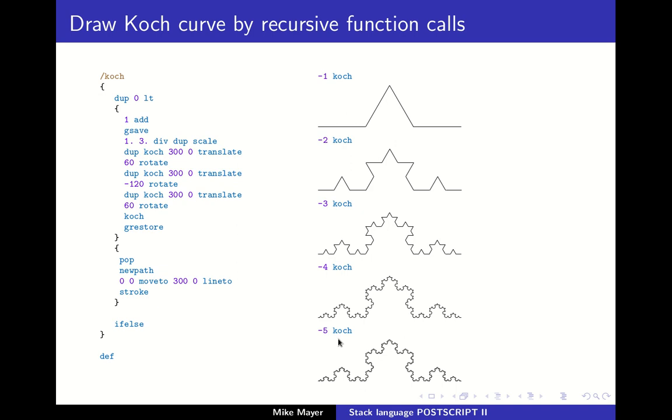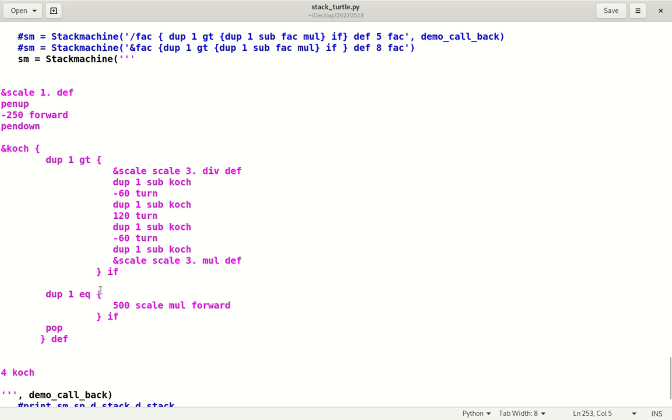Okay, let's try out the Koch curve in our sample program. Here in our demo Python Postscript emulator, it's a little bit modified because the graphics here work differently from the original Postscript graphics.